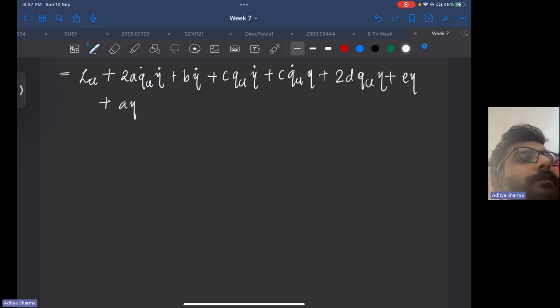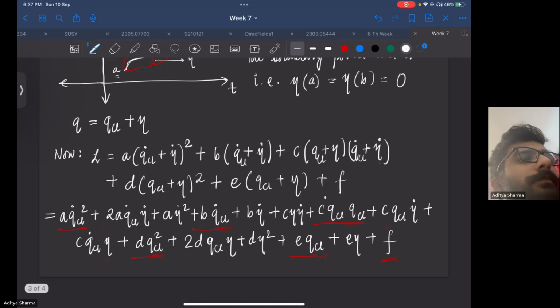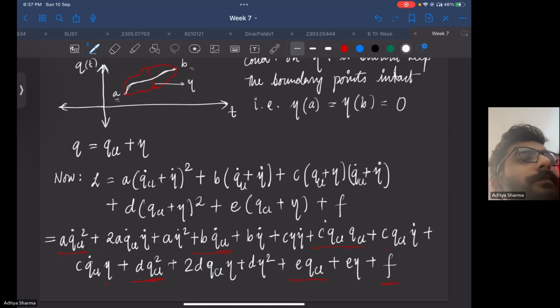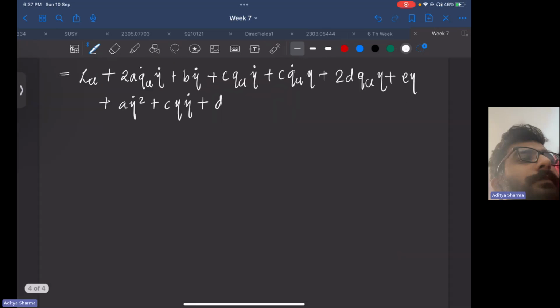Plus a beta dot square, c beta dot, plus d beta square. Okay.